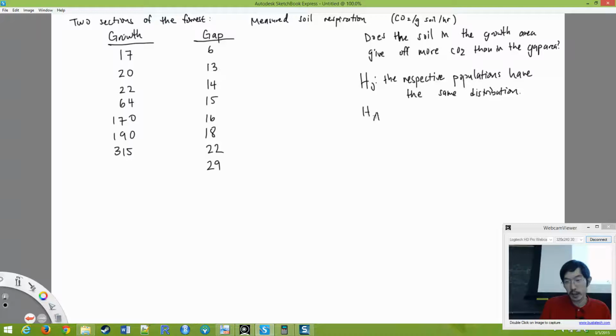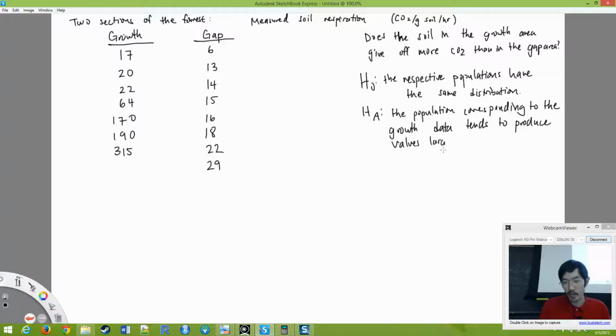And then the alternative hypothesis here would be that the population corresponding to the growth data tends to produce values larger than the population corresponding to the gap data.